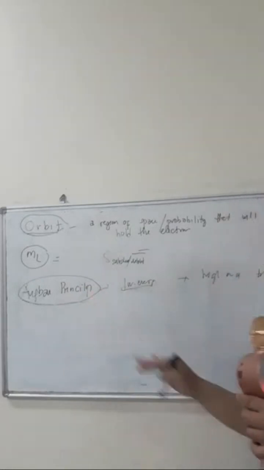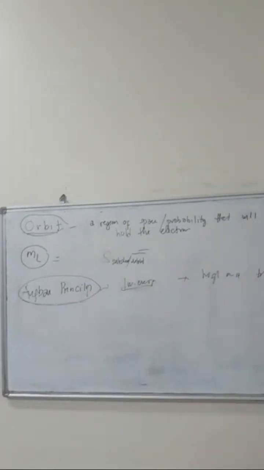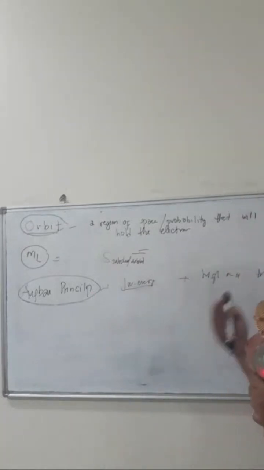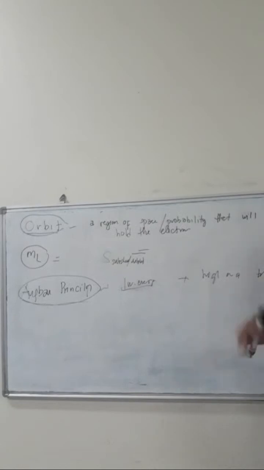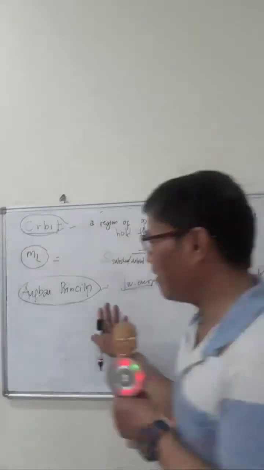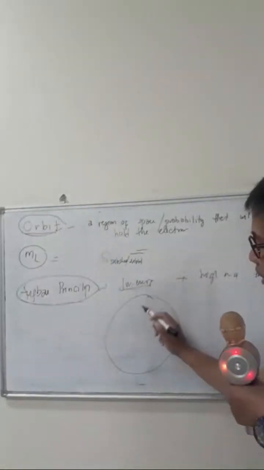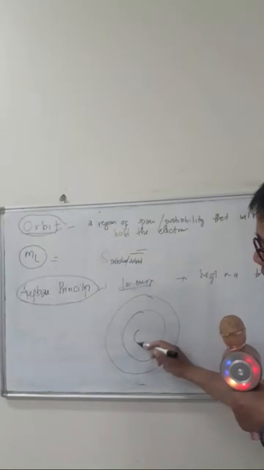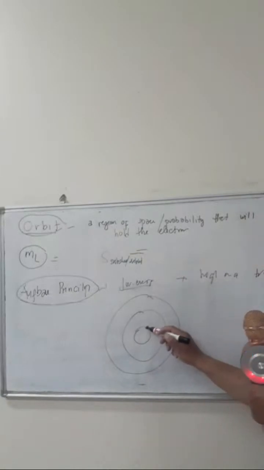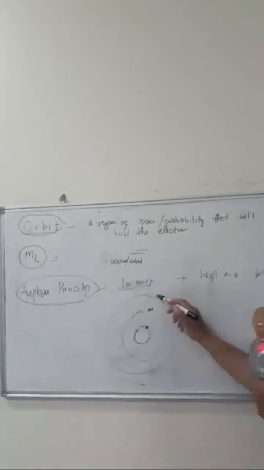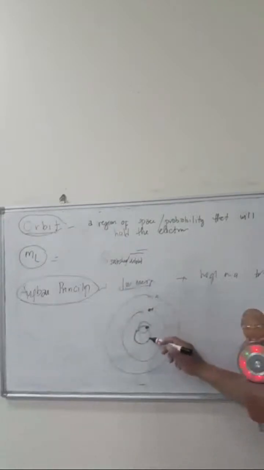The Aufbau principle is the same story: electrons fill starting from the low energy atomic orbital to the highest energy atomic orbital. I will try to draw that so that it's a clear picture. The electrons in the first shell, before jumping to the second shell, must first fill 2 electrons here.